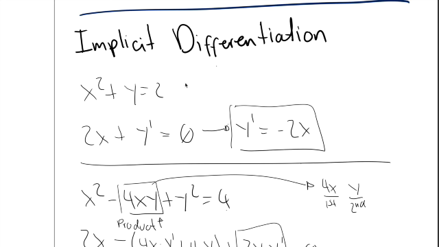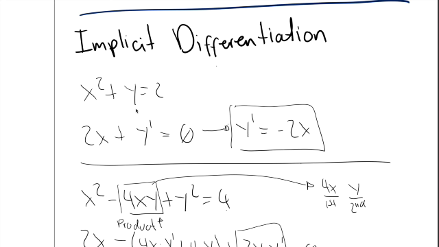With implicit differentiation, we find the derivative of each of the terms that you're working with. So let's go through it. For x squared, the derivative of x squared is going to be what? 2x. For y, the derivative of y is going to be y prime, which is dy over dx.